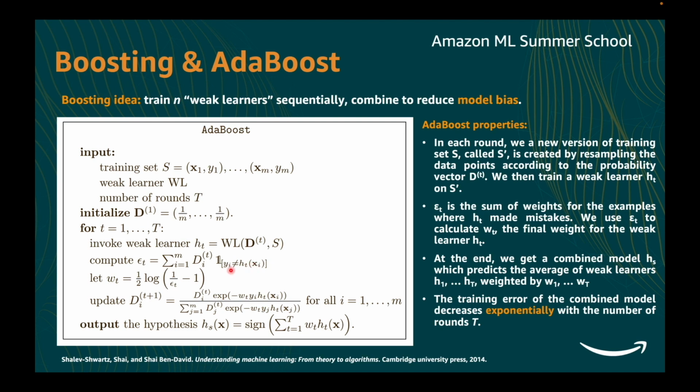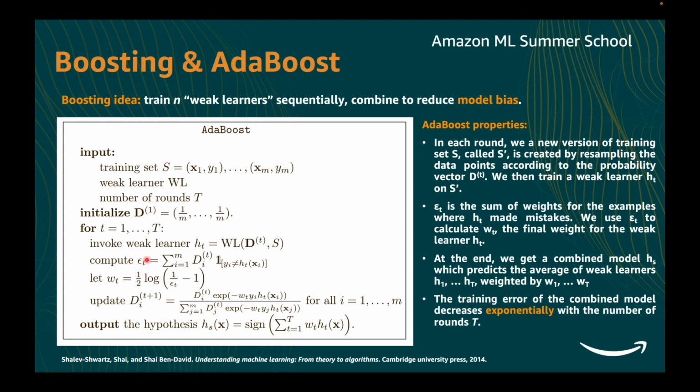I'm going to see where it does not match my ground truth, where it is different from my true label y, right? And all the ones where it is different from my true label y, I'm going to pick all of those examples, and pick the associated probability weight of those examples, and sum it up, and that gives me this term epsilon t. This is my error term.